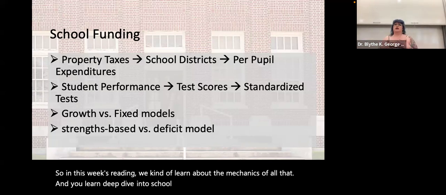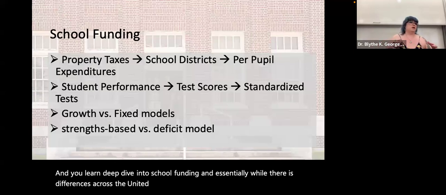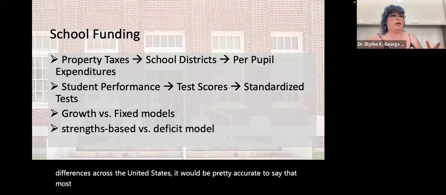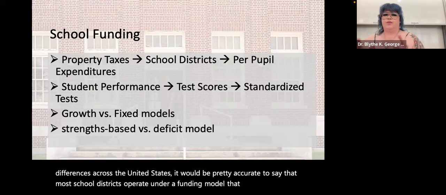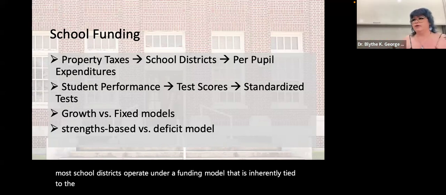And essentially, while there is differences across the United States, it would be pretty accurate to say that most school districts operate under a funding model that is inherently tied to the property taxes of their immediately surrounding area.